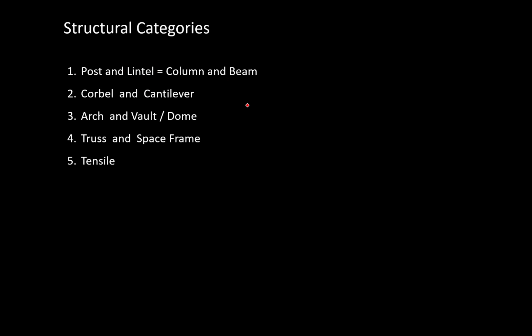The second structural type is corbel and cantilever, and those kind of work together in the same way. The third is arch, vault, and dome. And those are different from each other, but they all work in the same way, and we can combine them into one structural type. Trusses and space frames, and then tensile, which sounds a lot like tension.